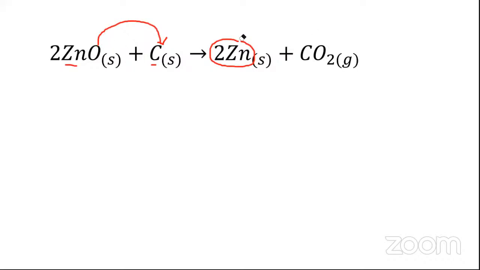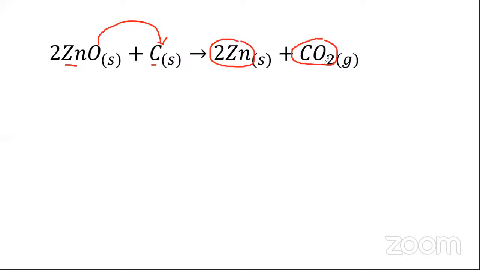The oxygen was transferred to carbon, and that's how we came up with carbon dioxide gas. So the zinc remained as a metal. Then we formed a gaseous product, carbon dioxide.